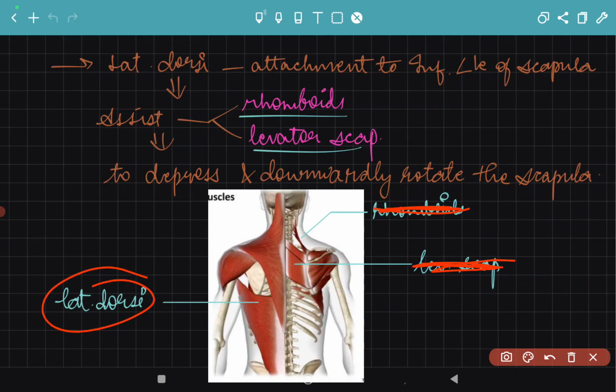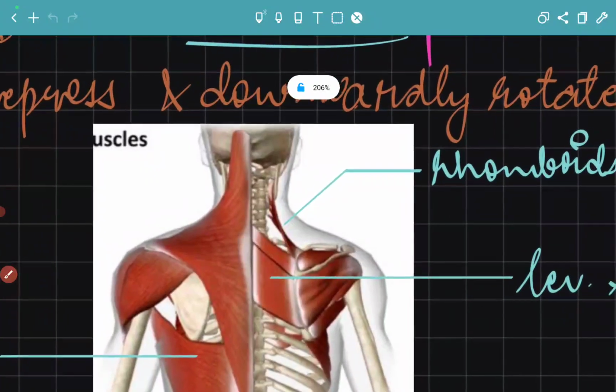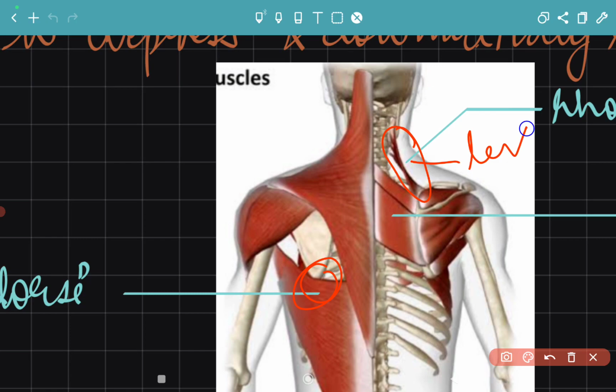So the latissimus dorsi, having its attachment over the inferior angle of scapula, will assist this levator scapulae as well as the rhomboids in depressing as well as downwardly rotating the scapula.